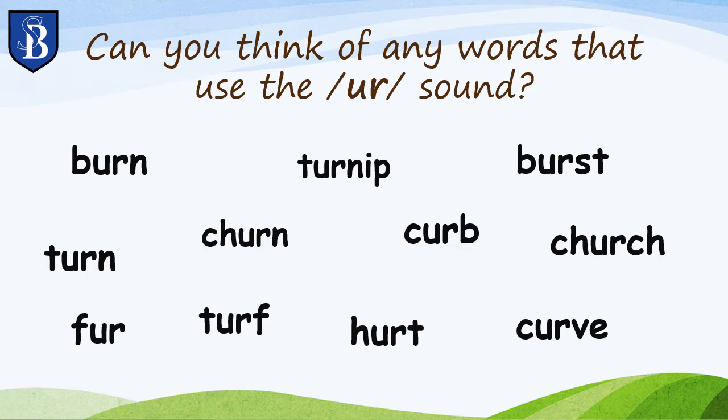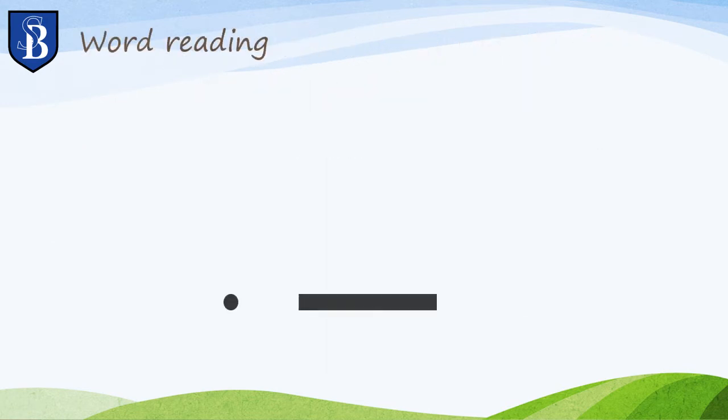Can you choose one of these words and put it into a sentence? You might want to ask your adult to help you read each of the words to choose the one you want to use in a sentence. Let's use the sound to read some words.